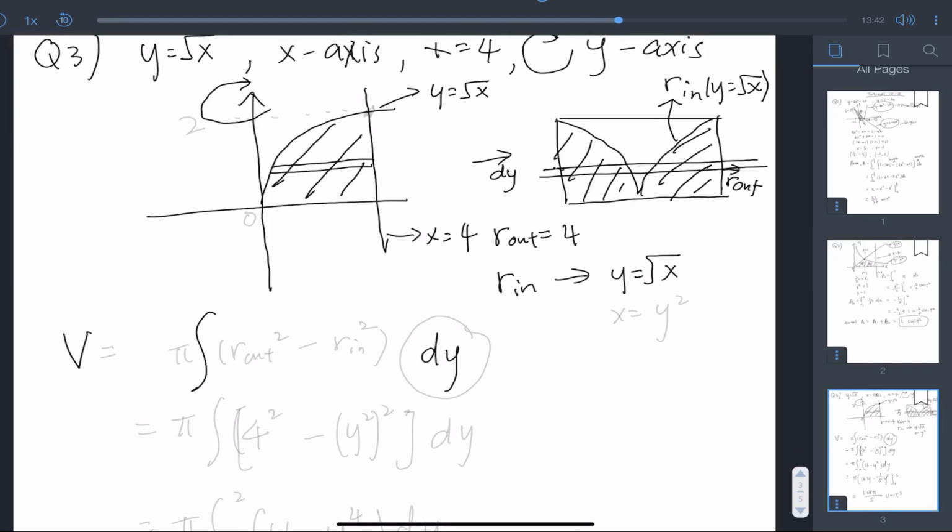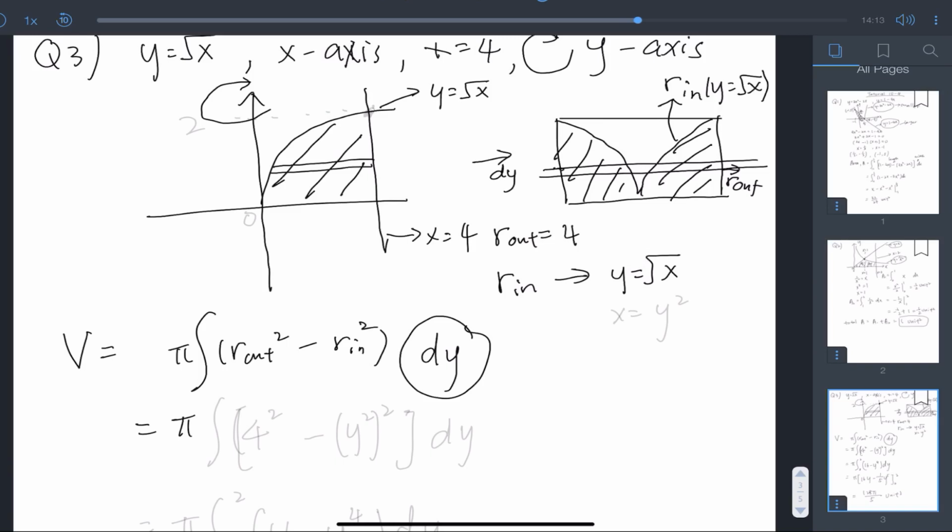If you want to find the volume with the integral dy, we know that the volume of the cylinder with a hollow inside is pi times outer radius squared minus inner radius squared. If you form the integral in terms of dy, you have to make r out a function of y, and r in a function of y as well.